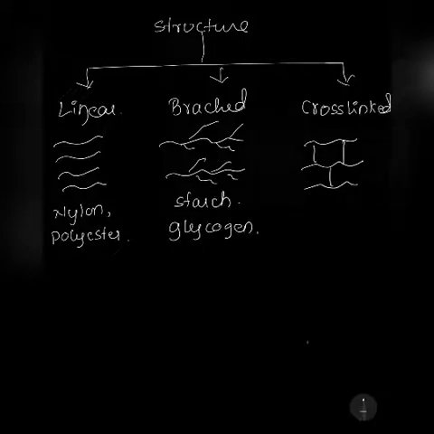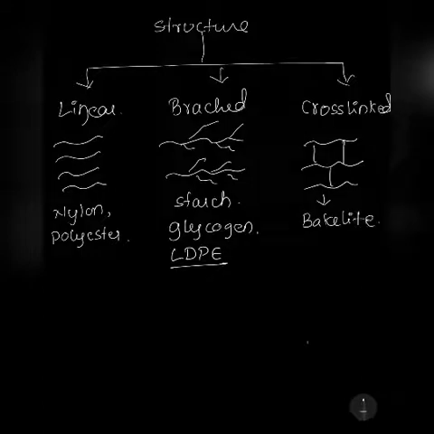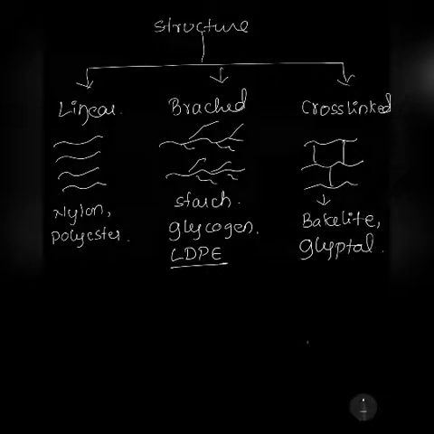These are some examples, or low density polyethylene, we call it LDPE. These are some examples for branched chain polymers. And cross-linked, here we go for bakelite and glyptal. These are the common examples of the cross-linked polymer.